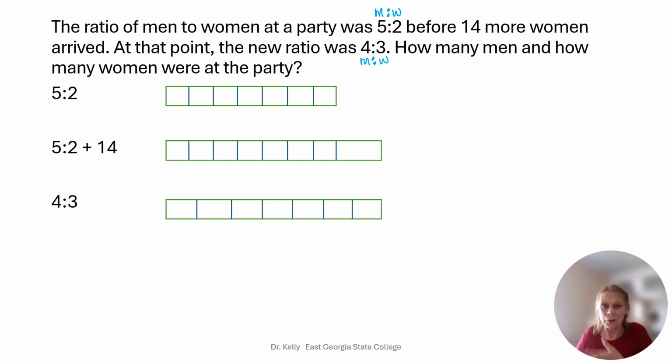Seems like it's a pretty non-related question, but actually we're going to be able to solve it pretty nicely here. Okay, so let's get our men and our women designated here. So we had 5 men, or 5 units of men, to our 2 units of women.